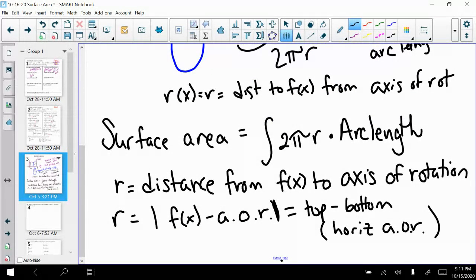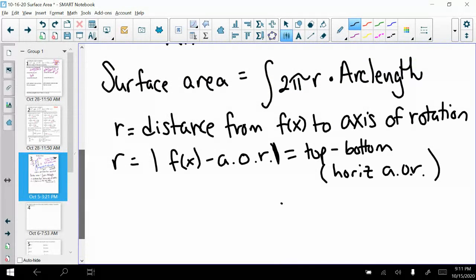So let's clean this up a little bit. Arc length we talked about yesterday. Arc length has a formula, right?